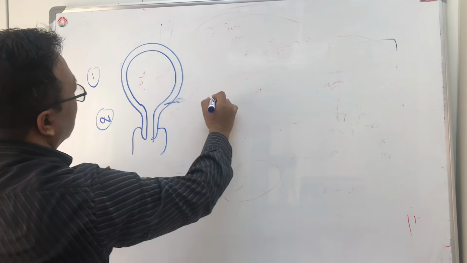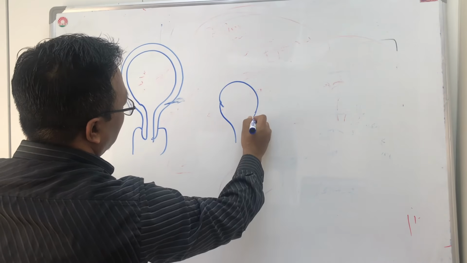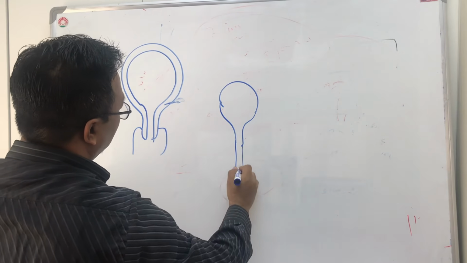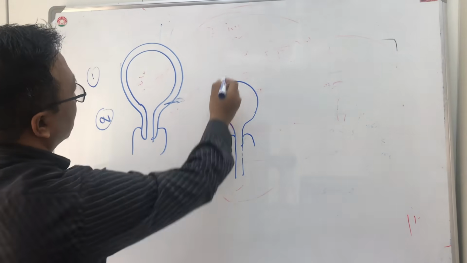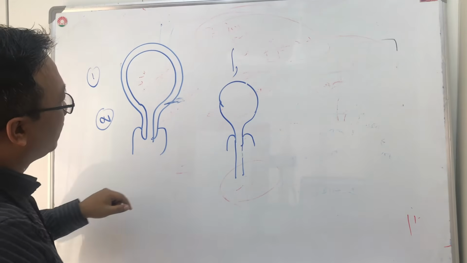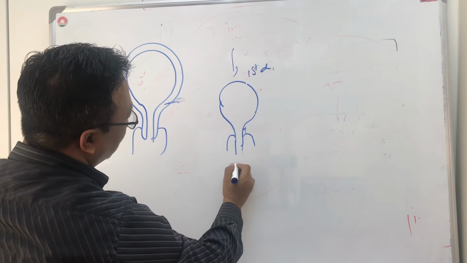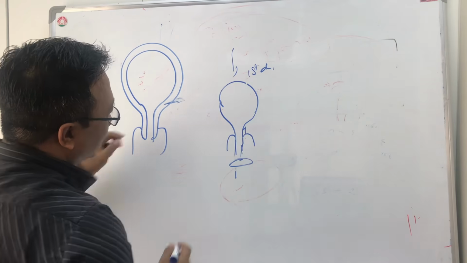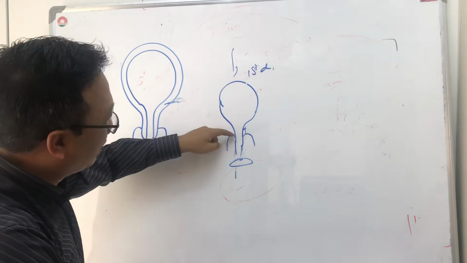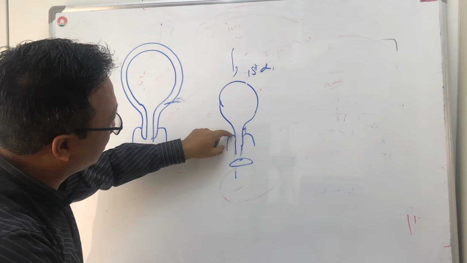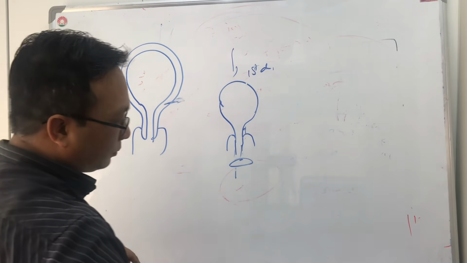Now the uterus has gone down, but still above the cervix. So this is first degree. There is uterine prolapse, but still the whole body of the uterus is above the vaginal opening, the cervix is above the vaginal introitus. So this is first degree.